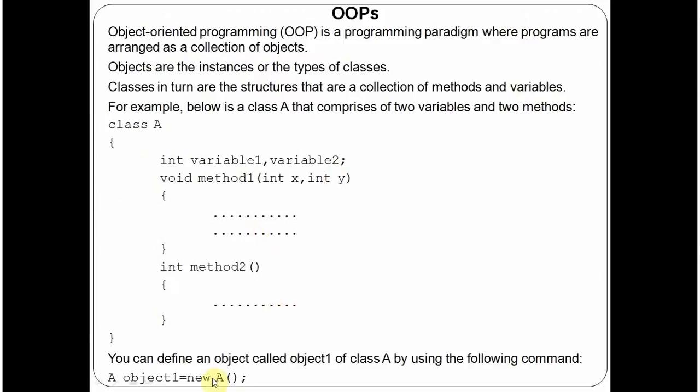Now the concept is that when you define a variable or an instance of a class, like this one, object one is a variable, or you can say the instance or the object of class A, this object one will have the right to use all the variables and all the methods of this class. Got it?